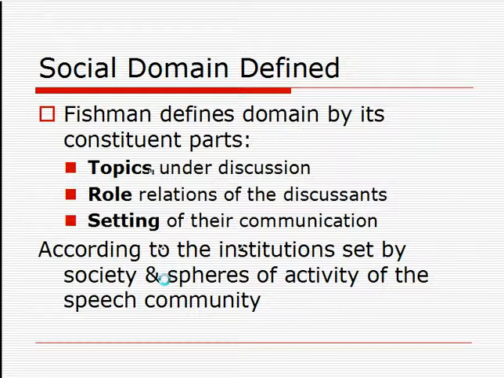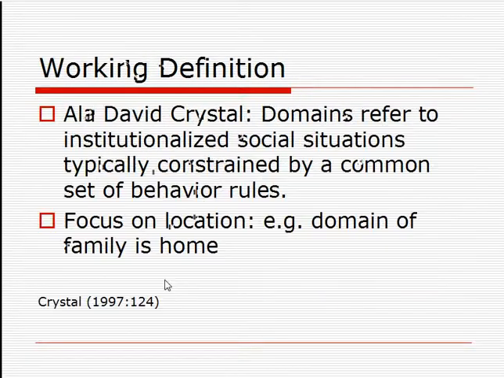According to sociolinguist researcher David Crystal, domains are institutionalized social situations typically constrained by a common set of behavior rules. He focuses on location. For example, the domain of family is the home. And there is his definition there.